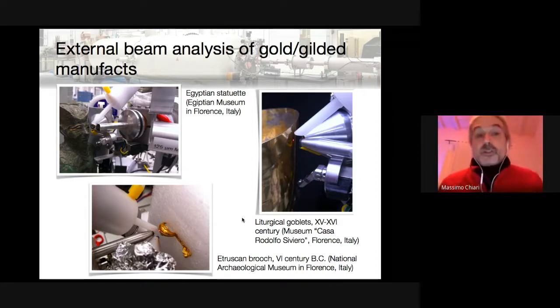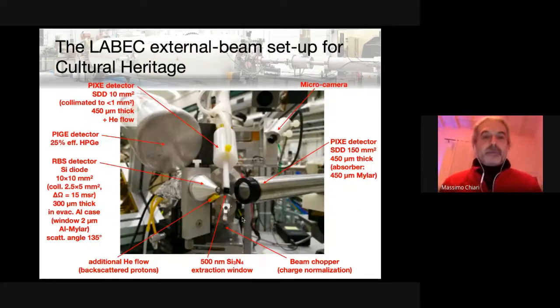Most of the applications are done just with a milli-beam, and some of these also with a micro-beam. This is just a picture of our dedicated external beam setup for total IBA of cultural heritage.